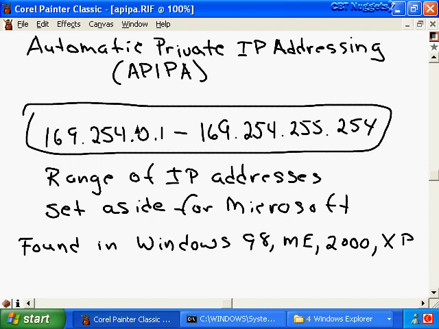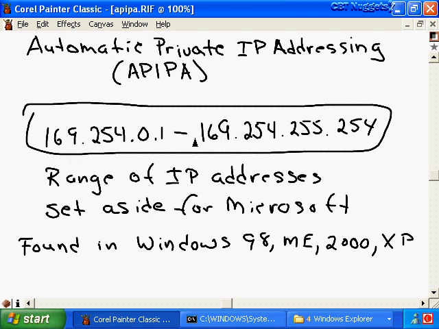And this is not new. This technology has been around since Windows 98 and Windows Millennium, but we have a little new twist on it in Windows XP. So if you're trying to troubleshoot why your computer can't connect to other computers, maybe it just could not contact the DHCP server, and you can bring up the command prompt and type in ipconfig to see if you have an IP address from this range.